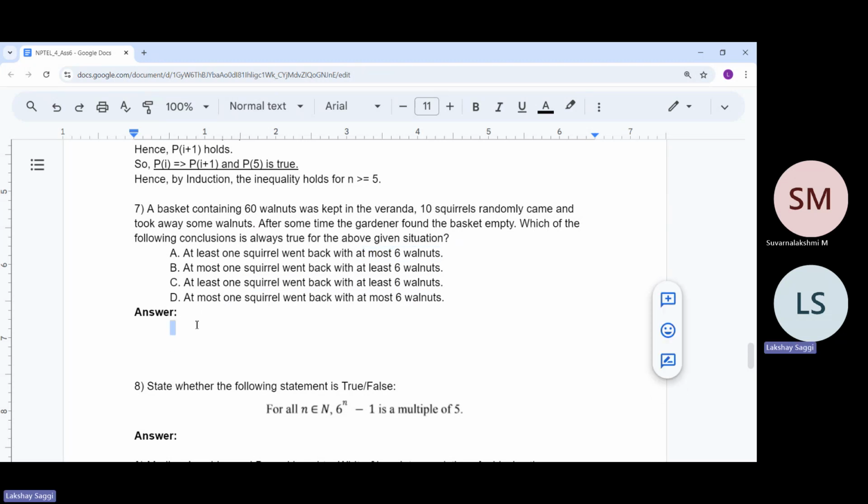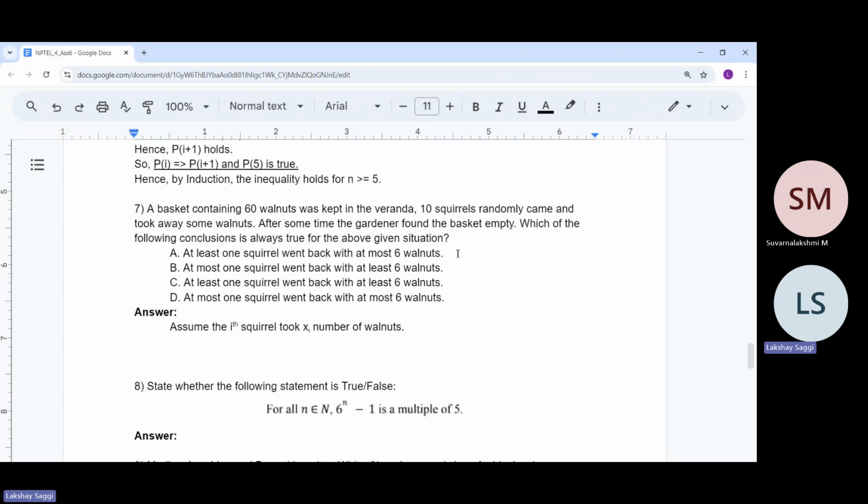So let's assume the 10 squirrels took x1, x2, or maybe do something like this. Assume the ith squirrel took xi number of walnuts. So there were 10 squirrels, so i is from 1 to 10. Let us assume that the ith squirrel took xi number of walnuts.